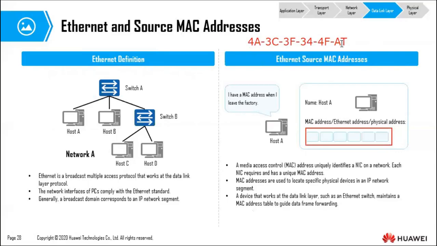So normally it's made up of 48 bits. The first 24 bits are used to identify the organization that made that network interface card. I'm not sure whether we're going to learn about that, but let me just mention it here.